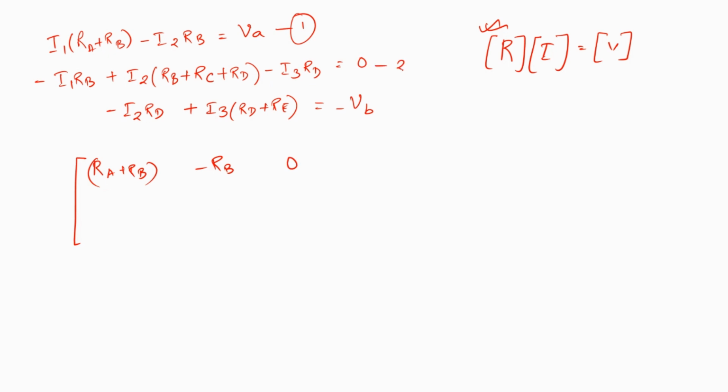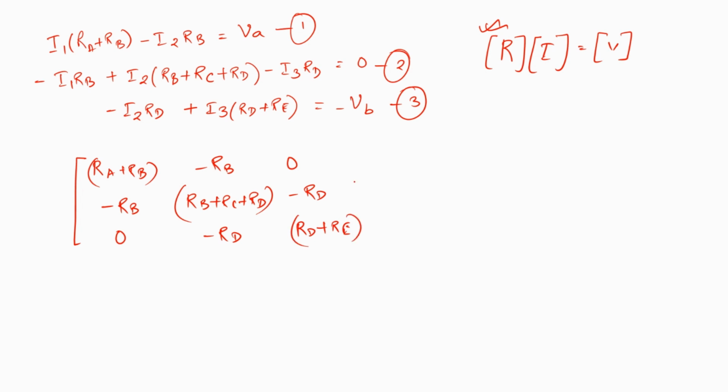For the second equation, it is minus RB, then RB plus RC plus RD being the coefficient of I2 and minus RD being the coefficient of I3. For the third equation, there is no coefficient of I1, so I'll put that as 0. Then I have minus RD and RD plus RE as the coefficient of I3.